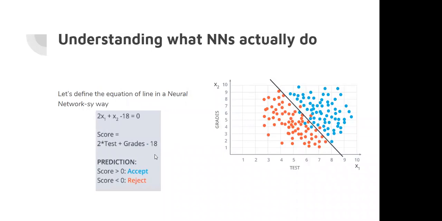If I give you the grades and test score of a student, you put them in this equation and you obtain a score. If that score is more than 0, the point is on the right side, which means the student got accepted. If that score is less than 0, the student got rejected.